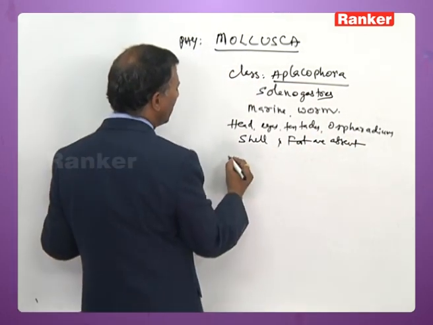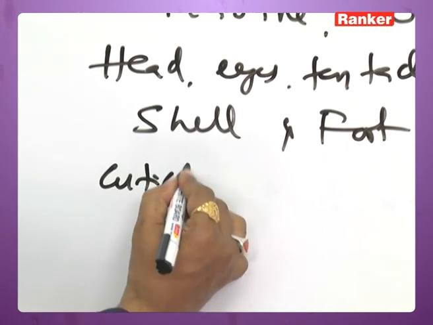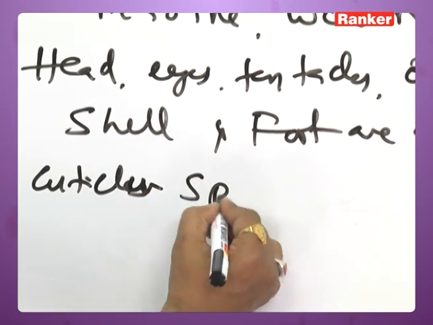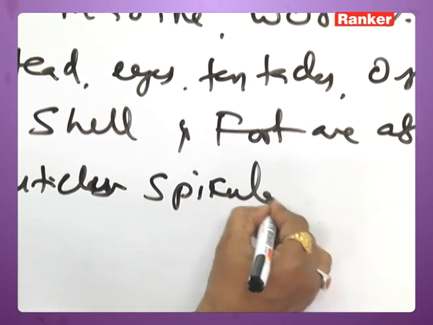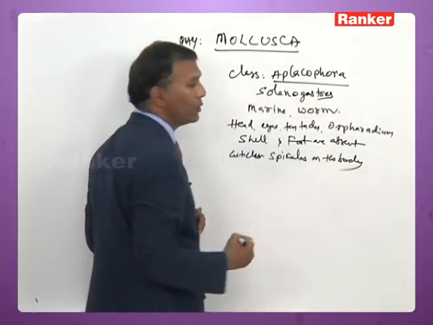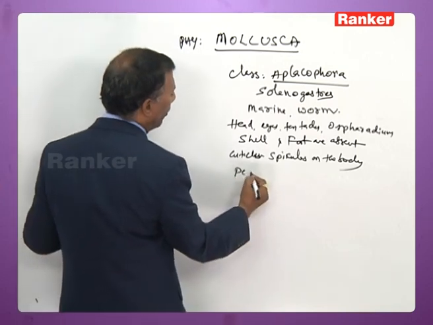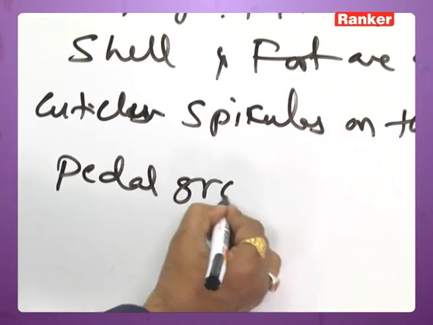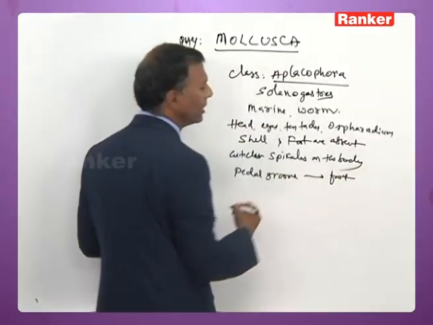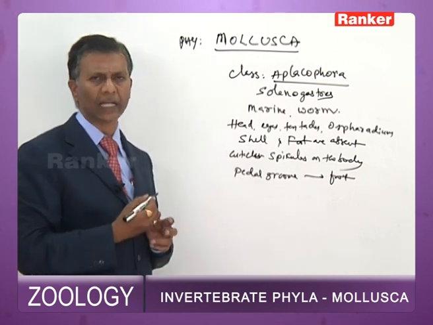Then on the body, certain cuticular spicules or spines are present. They represent the reduced shell. Then there is a pedal groove ventrally present. That pedal groove represents the reduced foot. Respiration takes place by gills or secondary gills.